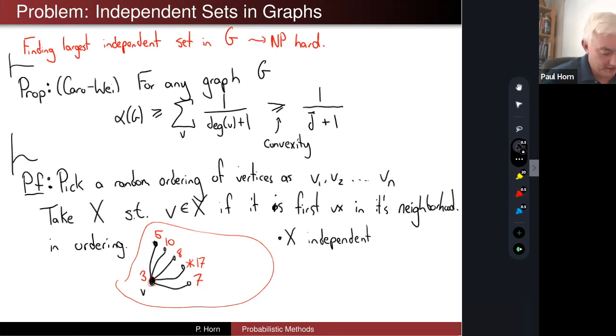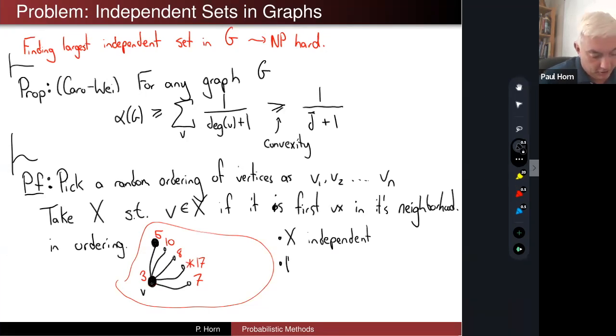One of these vertices comes earlier in the ordering than the other, one of these two. And they can't both be the smallest in their neighborhood. So I'll never pick two adjacent vertices by this method.